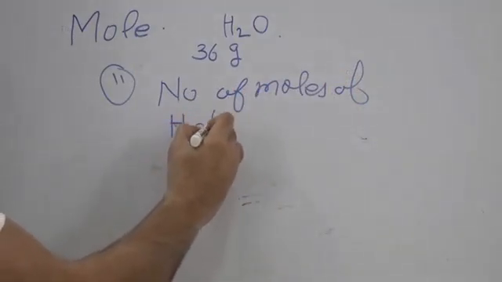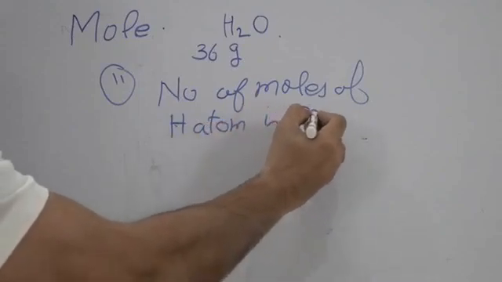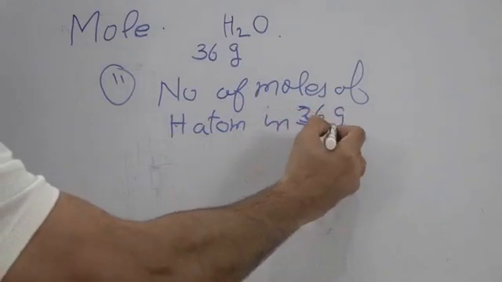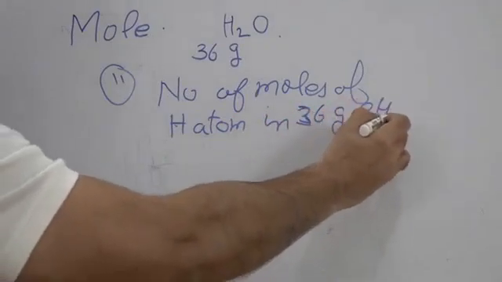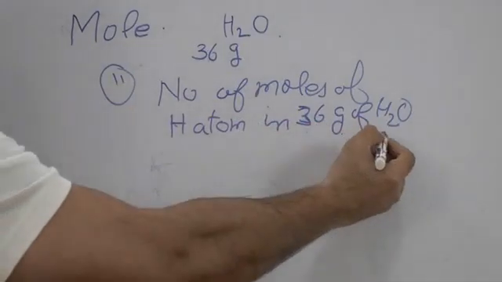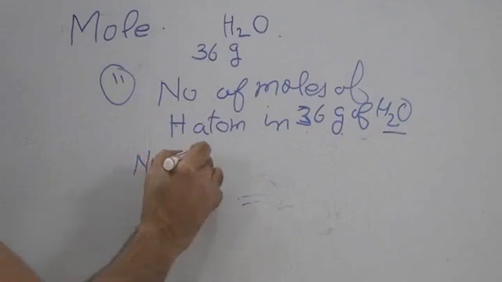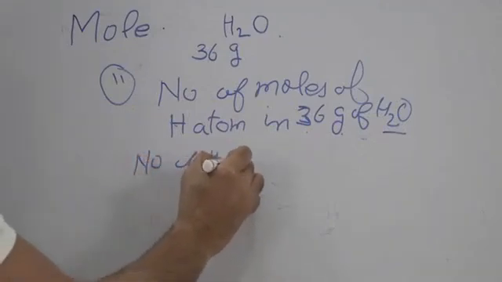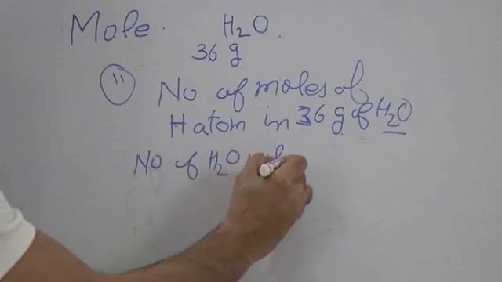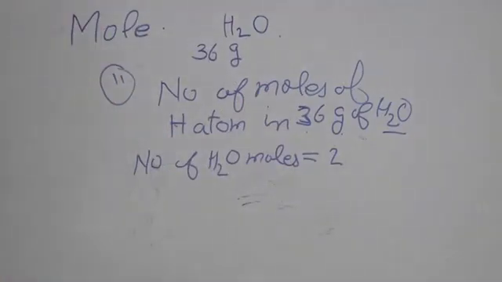What we found is that 36 gram of water contains how many moles of H2O molecules? 2 moles.